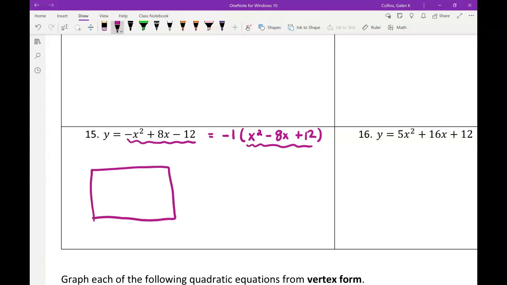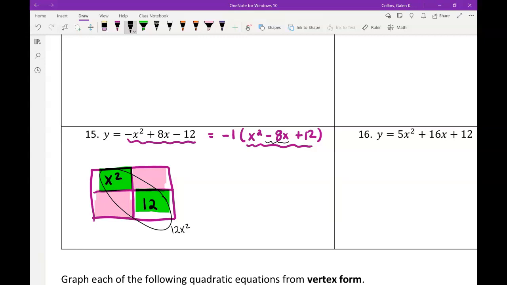All right, so I'm going to write this as a positive x squared and a positive 12. We're looking for two numbers that multiply to positive 12x squared, but their sum has to be -8. So for two numbers to have a positive product and a negative sum, their signs must both be negative.